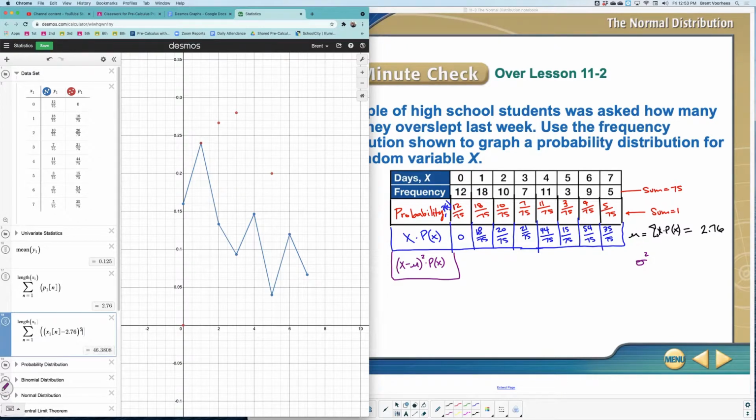And then we're going to times it with the probability, which is P1 of each value. And I get this as my variance. My variance is 18.76. So if you needed to know the standard deviation, you would take the square root of that. 18.766976. That's going to be our standard deviation.